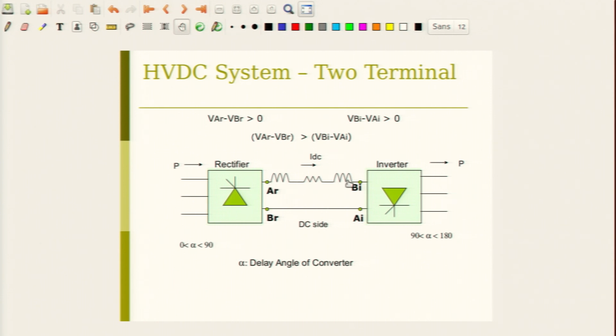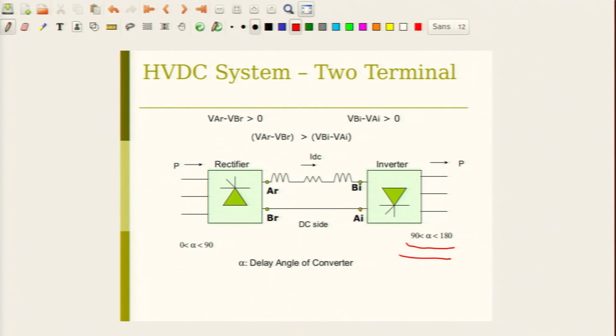Current flowing through this is DC, and the other end is an inverter which converts the power back to AC. Now, remember that the inverter is operated with alpha greater than 90 degrees.